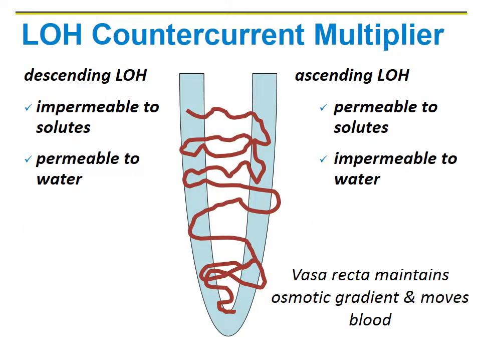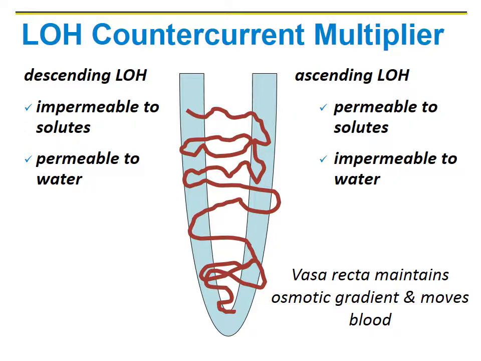Here we take another look. The ascending loop of Henle is permeable to salts but impermeable to water. That means that the ascending limb cells actively transport salts from the filtrate to the interstitial fluid.